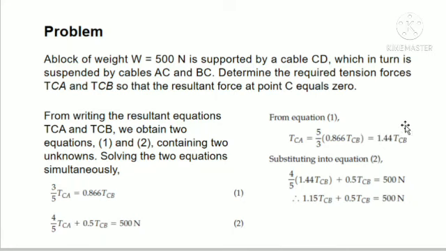So we're going to substitute into equation 2. Equation 2 is 4 over 5 TCA plus 0.5 of TCB.